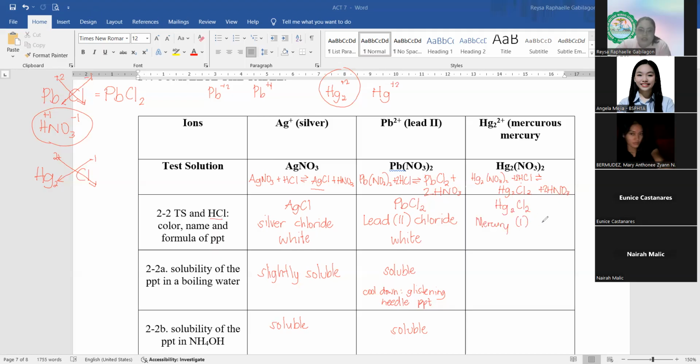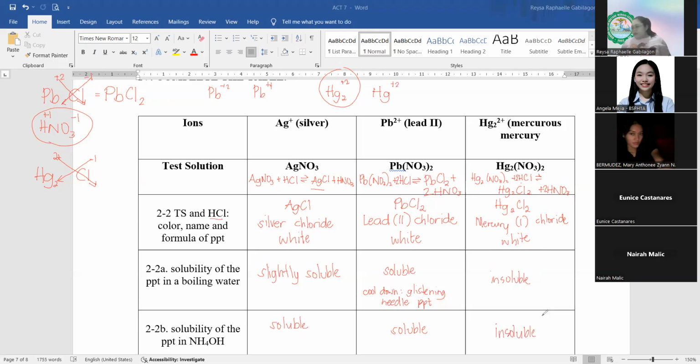Sinusulat lang siyang Hg2 2+ kasi diatomic siya. So, mercury(I) chloride and this is also white. Okay? However, insoluble ito both. Sa boiling water and at the same time sa ammonium hydroxide.